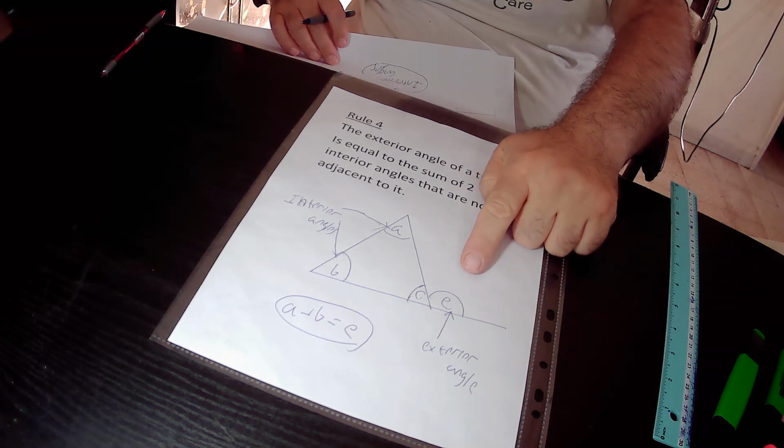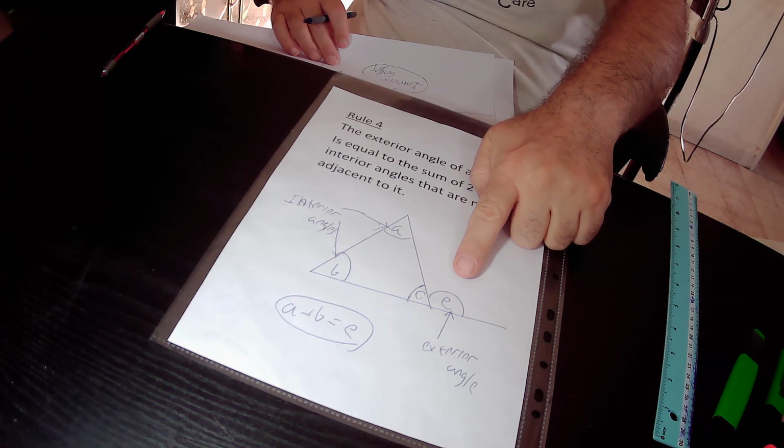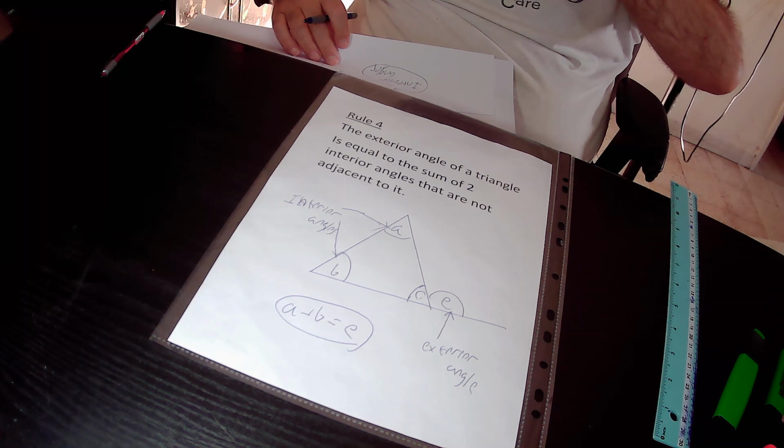According to this rule 4, the size of the exterior angle E is equal to the sum of the two interior angles that are not adjacent to it.